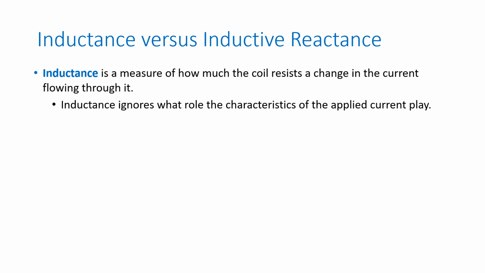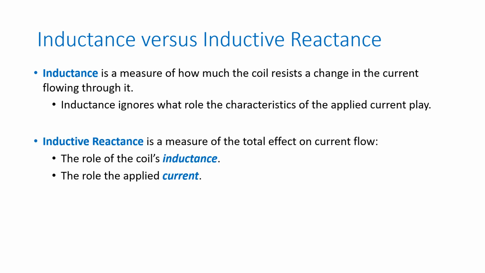See, inductance is a measure of how much your coil resists a change in the current flowing through it. But inductance ignores what role the characteristics of the current play. Remember, we're talking about AC current. So what happens if you change the frequency of the AC current?